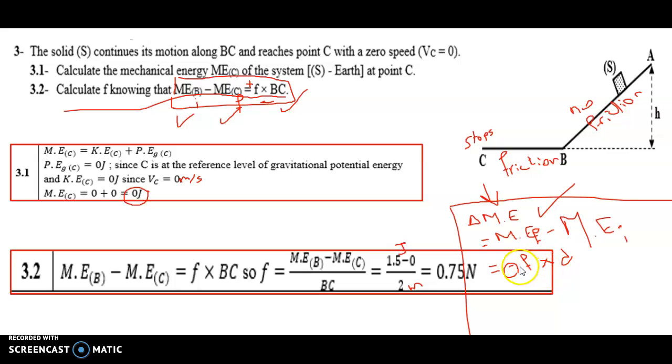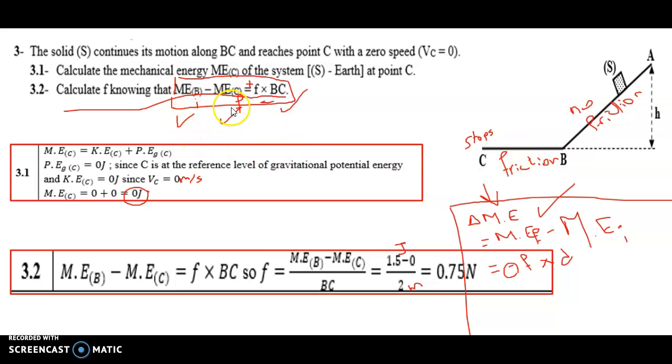So it's equal actually to the work done by the friction force. The difference in the mechanical energy is equal to the work done by the friction force. Now here you are given it in an opposite way. They gave you mechanical energy initial minus final. For the phase BC, B is the initial position and C is the final.